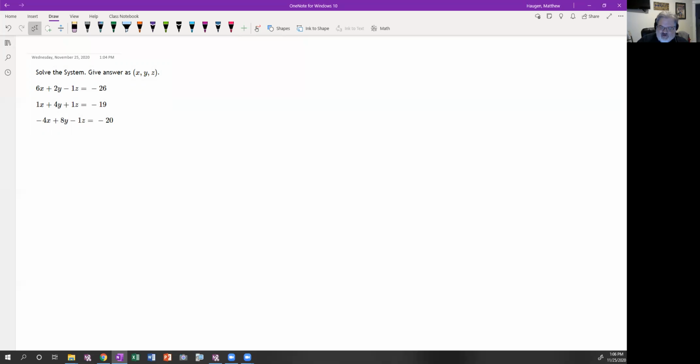So don't do that. Because these are all x to the first, y to the first, z to the first, we have like terms. So the elimination method will work, and that elimination method tends to be nicer.